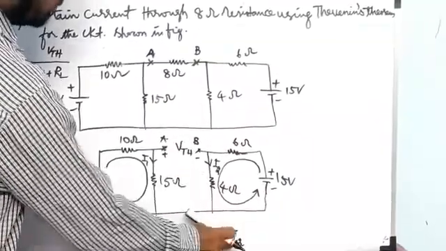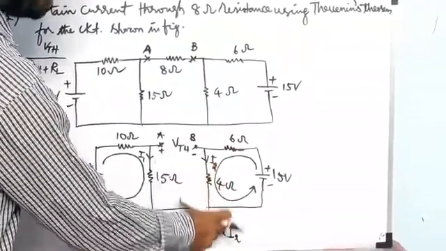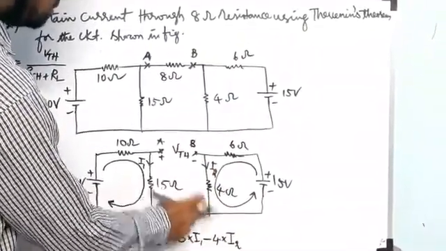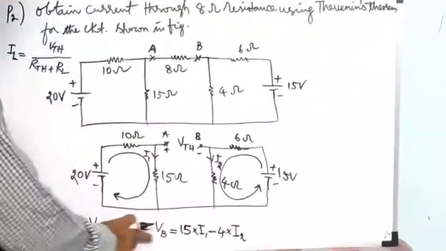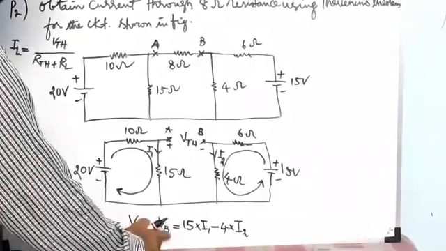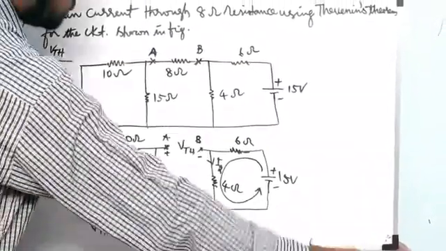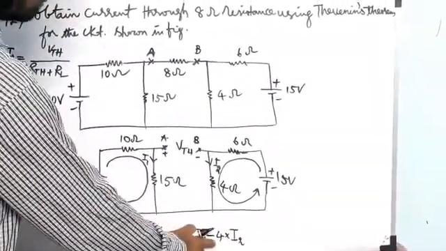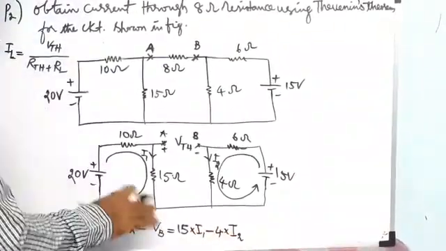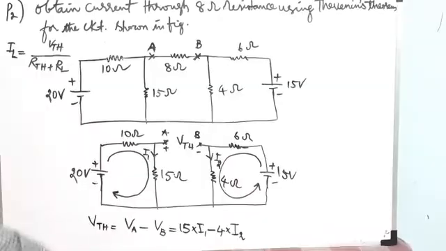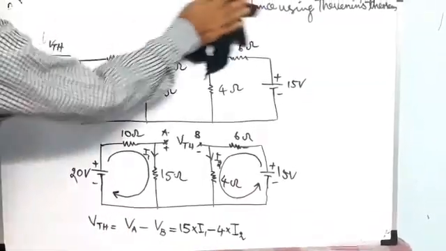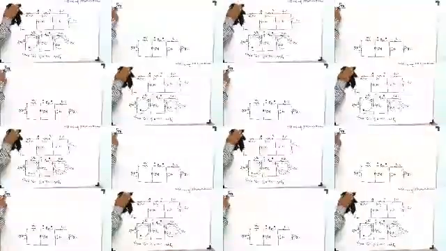Minus, which current is flowing here? I2, passing through 4 ohms. So my formula is VA minus VB equals 15 into I1 minus 4 into I2. In the next section I will solve this problem one by one.